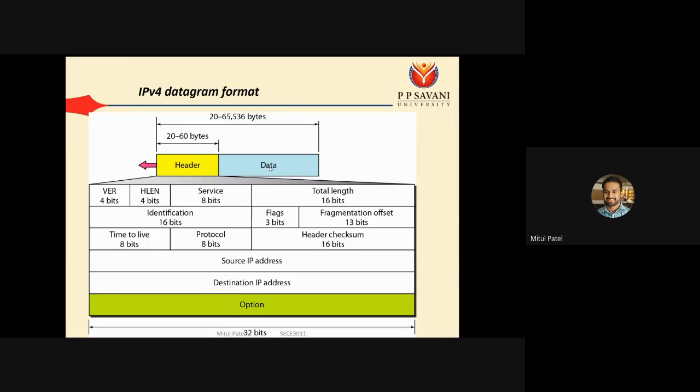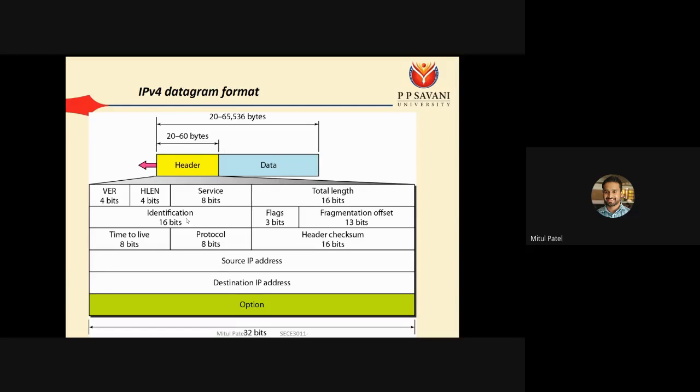So data length is equal to the total length minus HLEN cross 4. We multiply HLEN by 4 and subtract it from the total length, so that will give you the data length. We will see some examples.